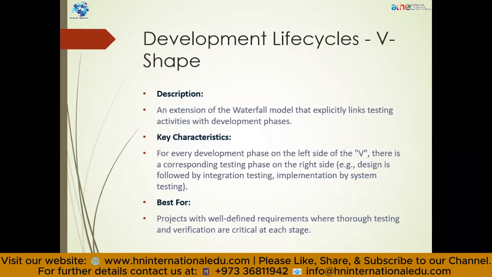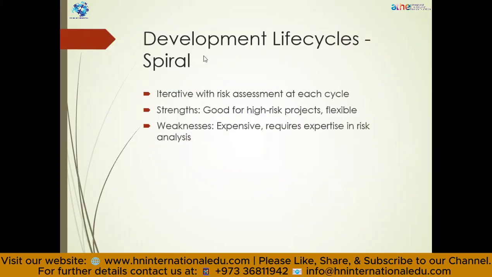Okay, so for verification we can use the V-shaped model because at each level we can test each phase and at the end we will produce a best product and accurate product. Then we have a spiral model.